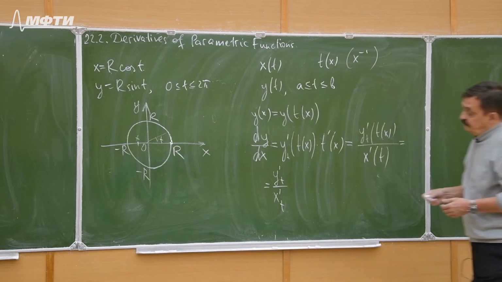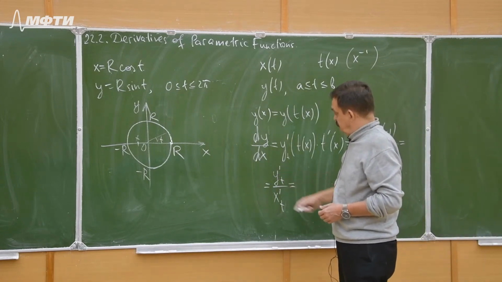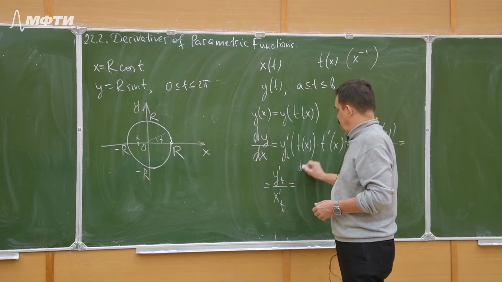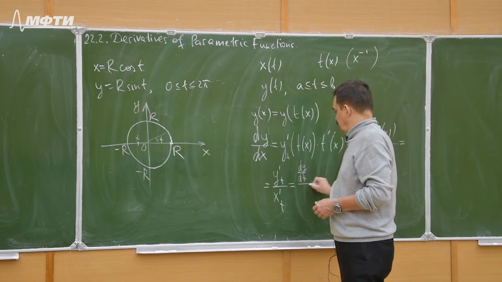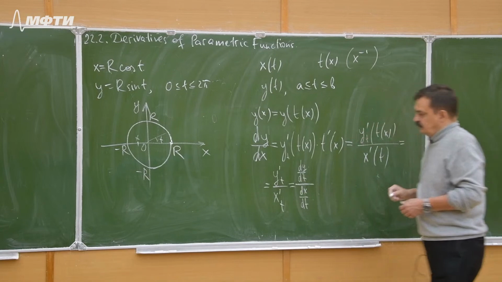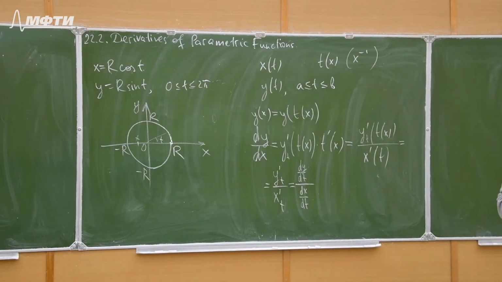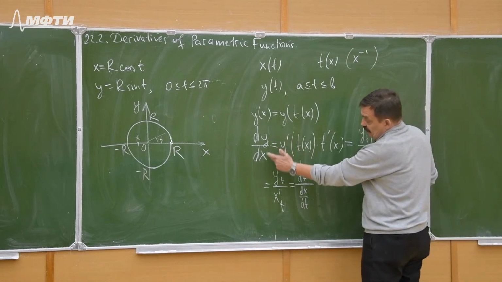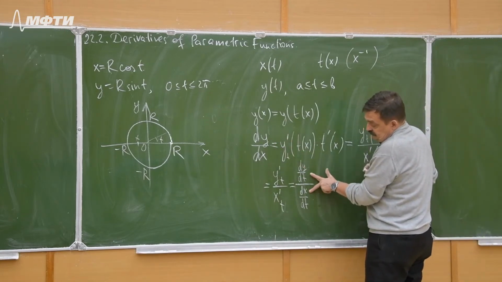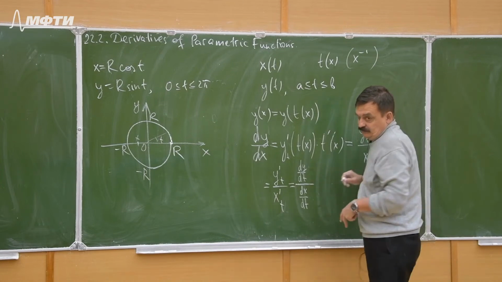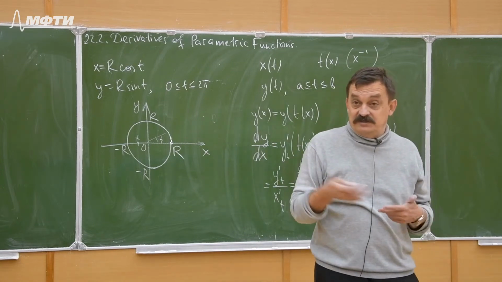Or it's very nice to use the notation dy over dx. So here we have dy over dt over dx over dt. So it means that we can proceed in a formal way, right? So dy over dx equals, we insert dt, and we have a formal ratio of two ratios, and dt is cancelled, right?